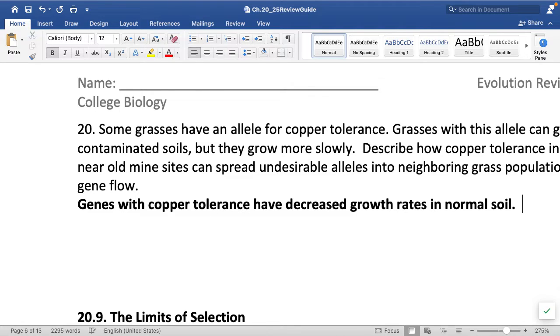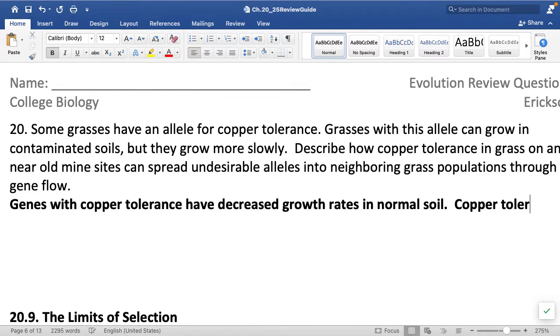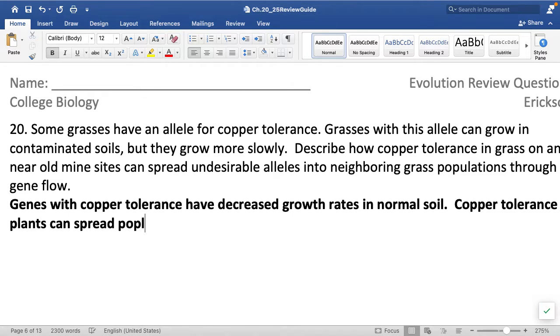I'm also going to say plants spread their pollen. So these copper tolerance plants can spread pollen to populations that don't need the copper tolerance. Could that be considered gene flow?